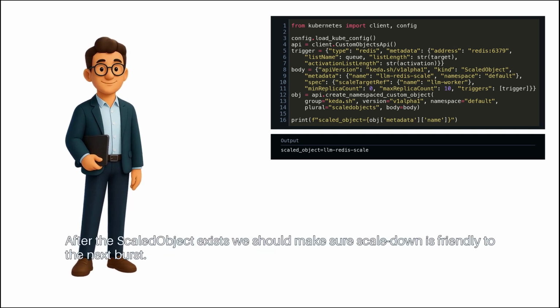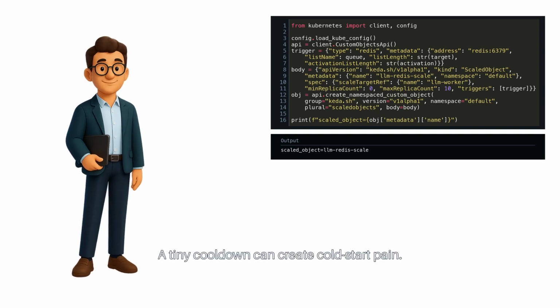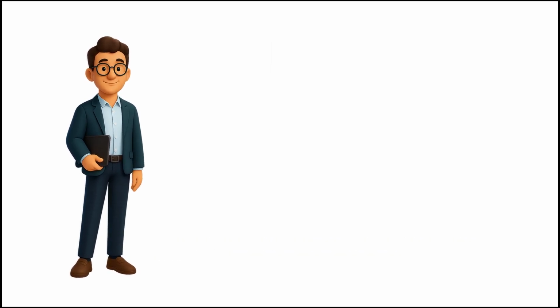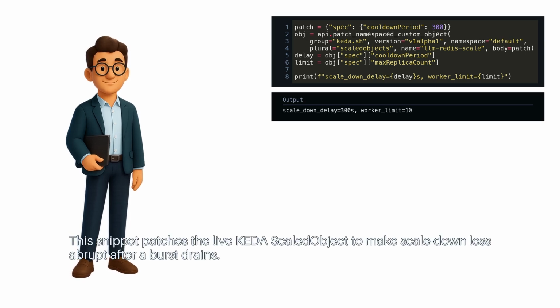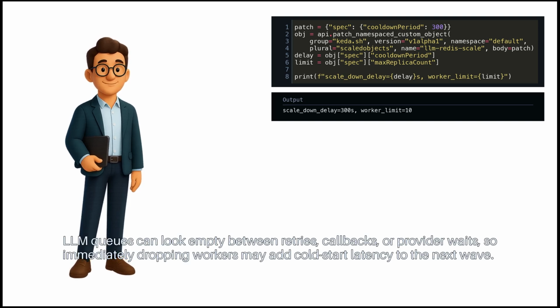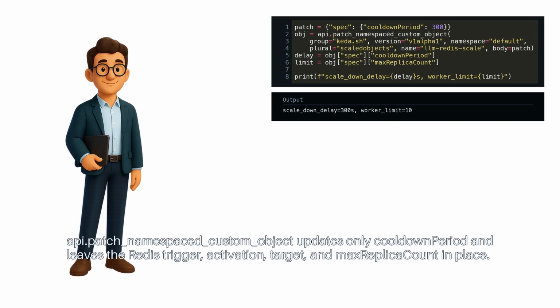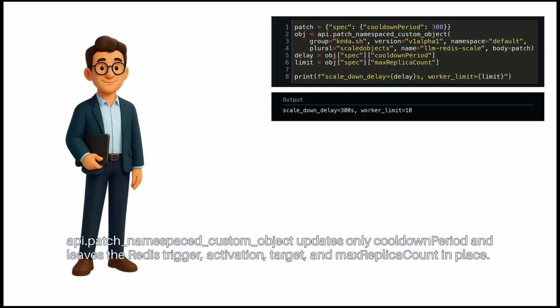After the scaled object exists, we should make sure scale down is friendly to the next burst. A tiny cooldown can create cold start pain. This snippet patches the live KEDA ScaledObject to make scale down less abrupt after a burst drains. LLM queues can look empty between retries, callbacks, or provider waits, so immediately dropping workers may add cold start latency to the next wave. api.patch_namespaced_custom_object updates only cooldownPeriod and leaves the Redis trigger, activation, target, and maxReplicaCount in place.